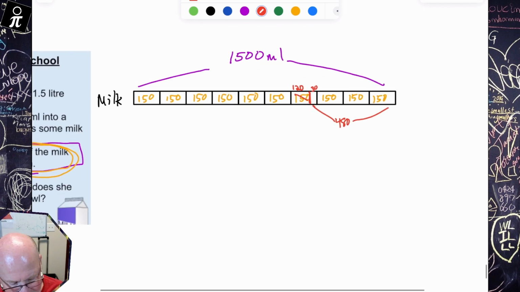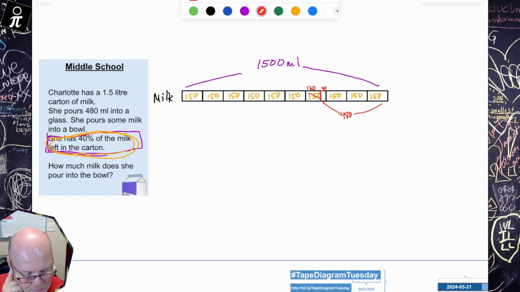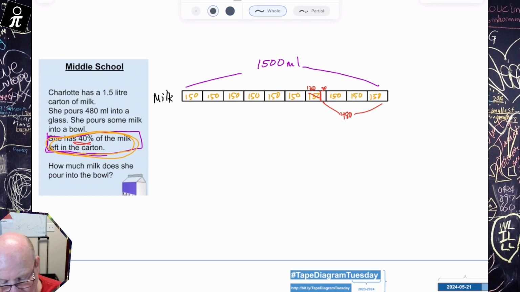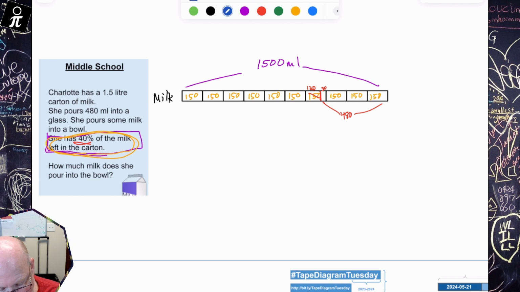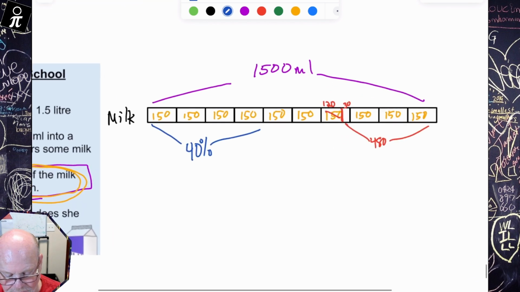And then it says she pours some milk into a bowl and she has 40% of the milk left. Okay, I don't know how much she pours, but I definitely know that she has 40% left. So here is the 40% that she has left over.